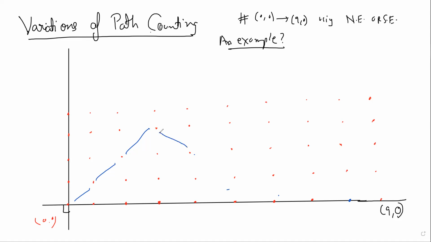From here, okay. No, but you will not reach 9,0. And remember, you are also allowed to go down and come up, but you cannot go horizontally.